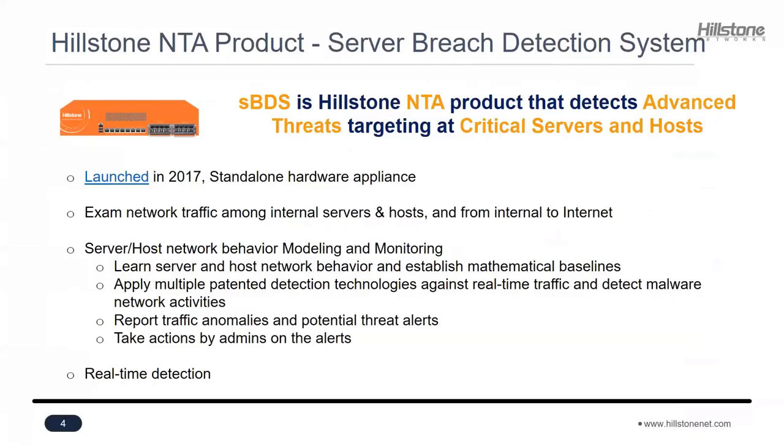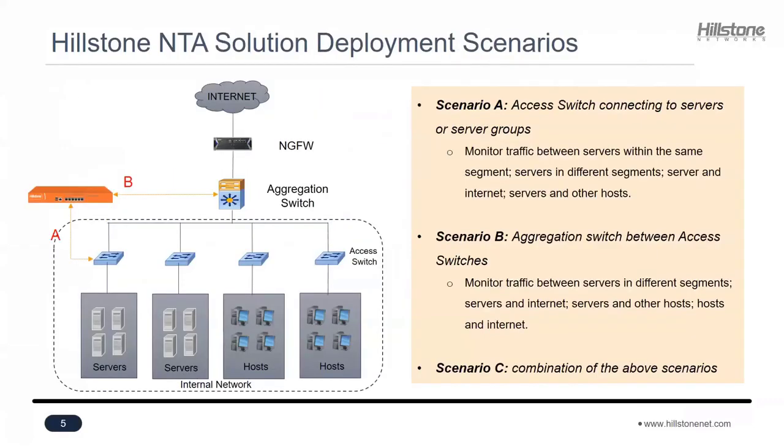And typically the BDS appliance is deployed near what we call the critical assets, which usually are servers inside the corporation. Typically, the network topology inside the corporation consists of multiple servers, groups, and host groups.